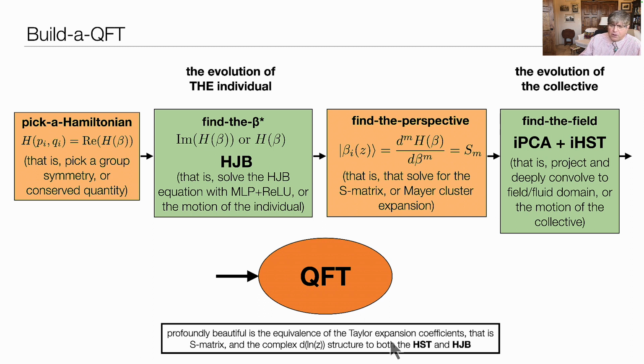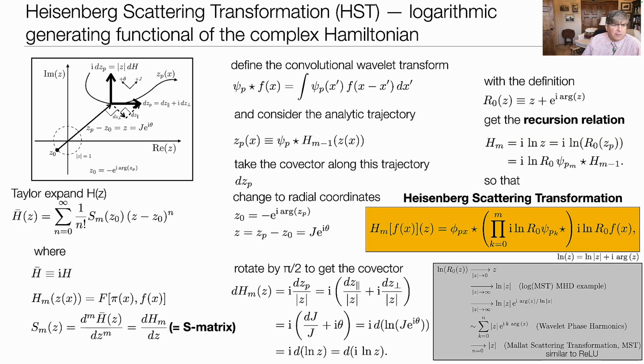Both are based on a Taylor expansion of the coefficients, and also this complex d log z structure that are in the construction of both of these solutions, as I really got down into the mathematics. And in the case of the Heisenberg Scattering Transformation, I'm going to demonstrate that to you on an upcoming slide.